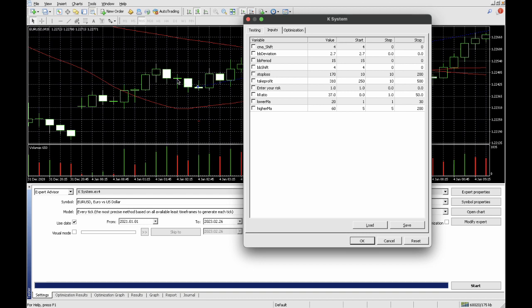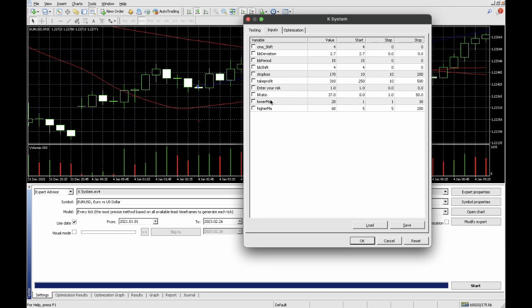As you can see here, you can see the current absolute length of this candle. It definitely tells you there's going to be a huge difference. In fact, this candle had a lower volume than this one, so there will definitely be a very high K ratio here. And so we set our K ratio to 37, which means once we have a K ratio higher than 37, we enter a trade in the reversal direction of the trend.